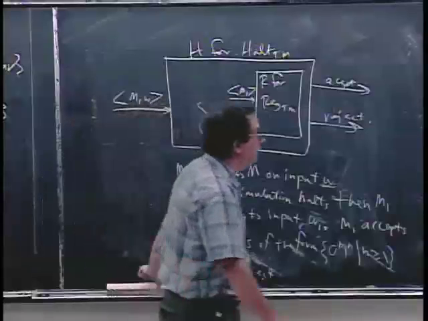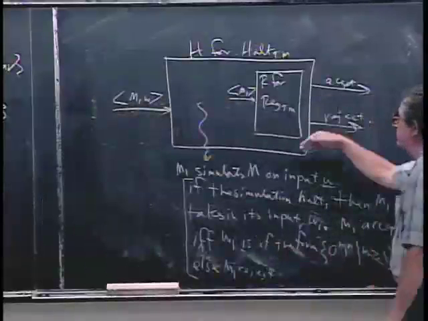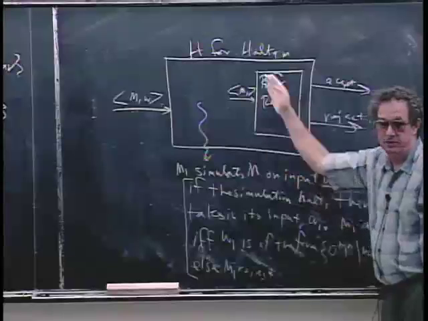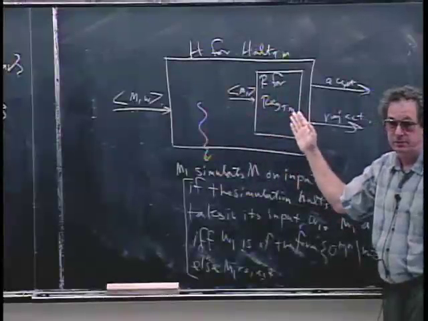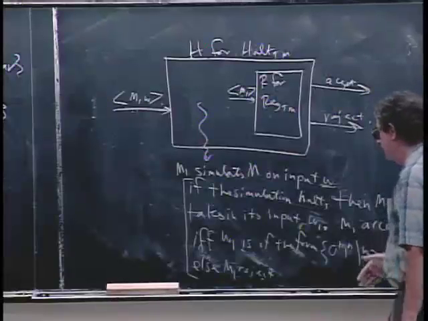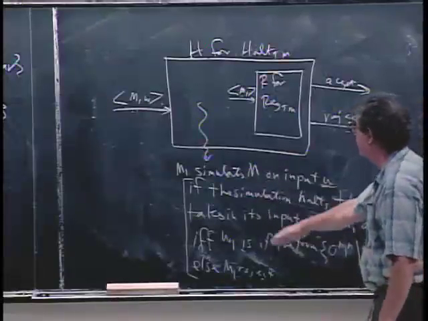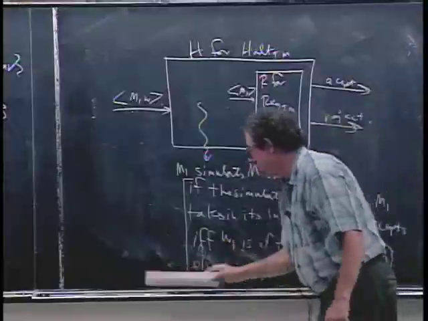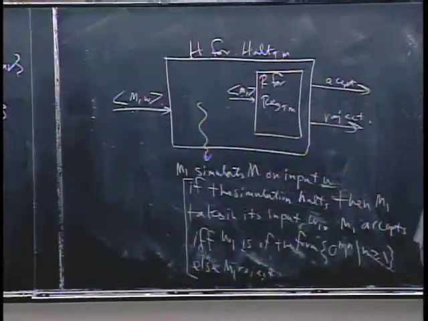Okay, so now let's look at the behavior. Let's look at what happens in H. Let's look at the behavior of the whole system here. Sorry, let's look at M1. So what does M1 compute?